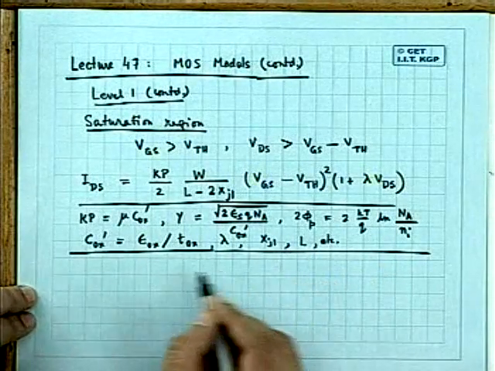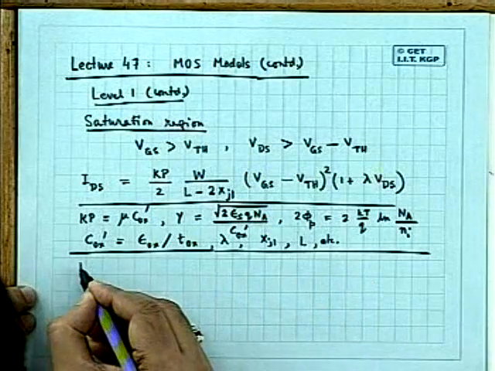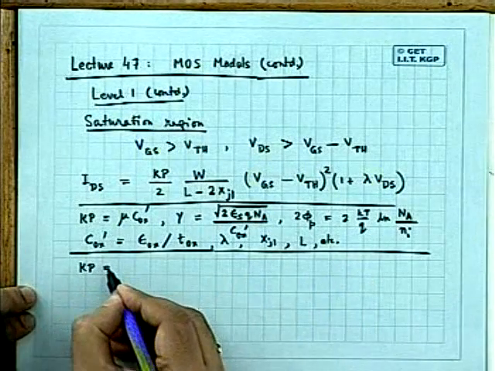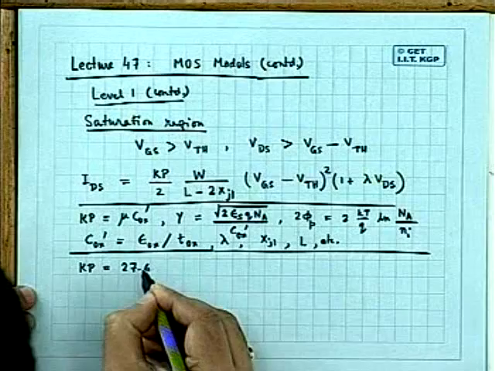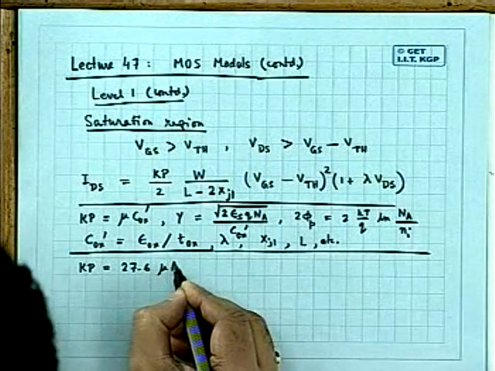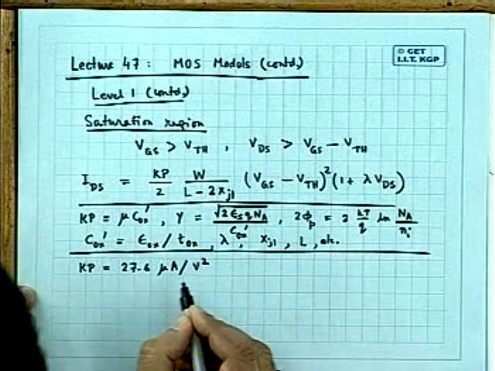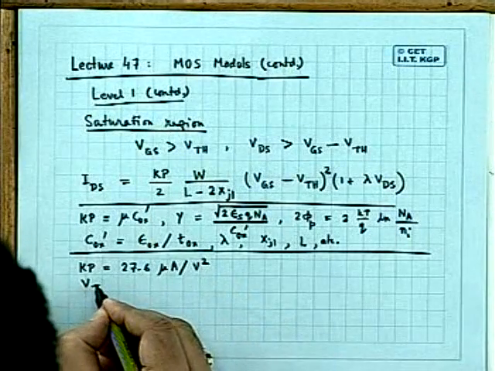Then typical electrical parameter values may be like this. Say Kp is equal to 27.6, I am giving some textbook values, VTO and so on.